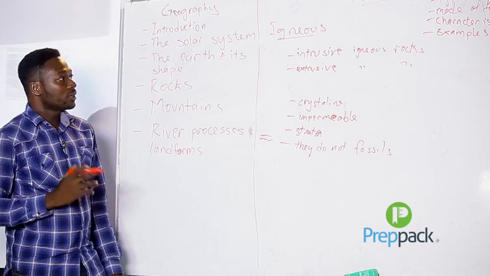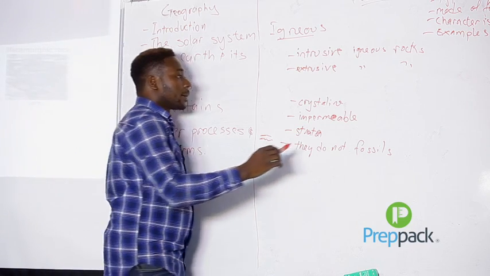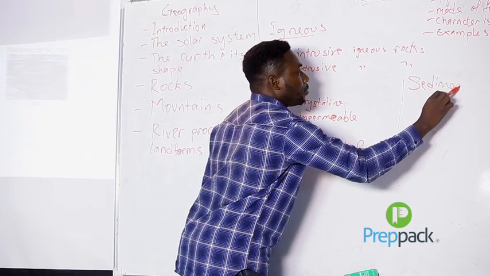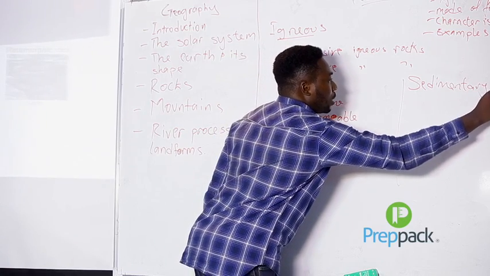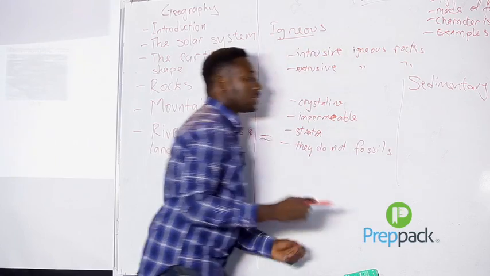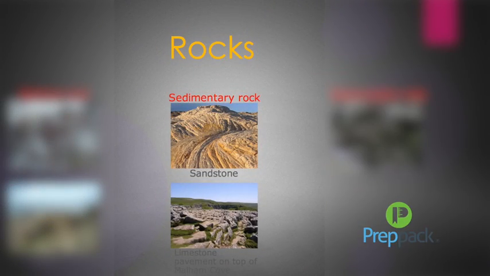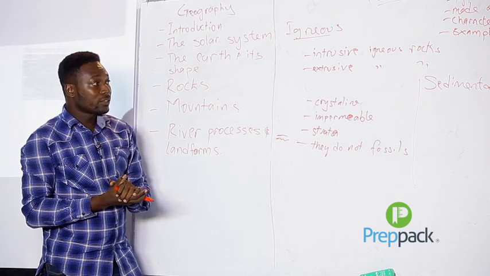Then the second type of rock that we have is sedimentary rock. These are the kinds of rocks that are formed as a result of the compaction forces of overlying rocks on maybe residual rocks or fossils or other kinds of materials.